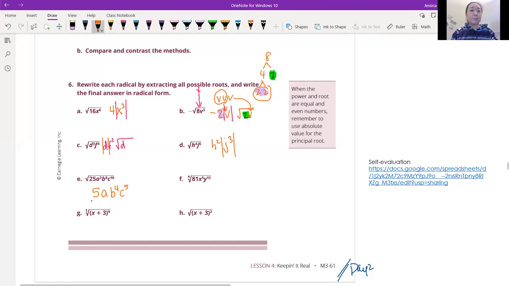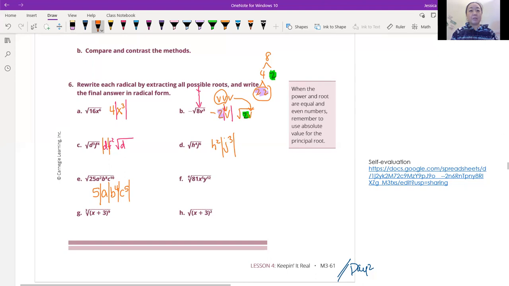Honestly, at this point, I would just put absolute value on all of that. But if you want to be more technical, you would need an absolute value around A as well as C, right? But now it's just a whole bunch of lines. So that's where the absolute values would go, but you could just put the absolute value around the whole thing and call it a day.